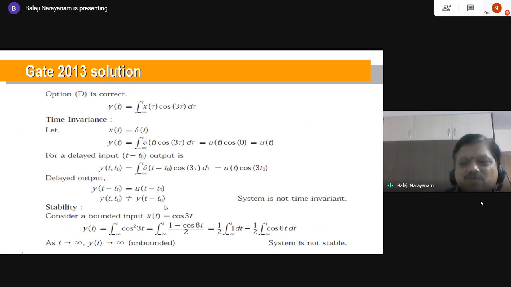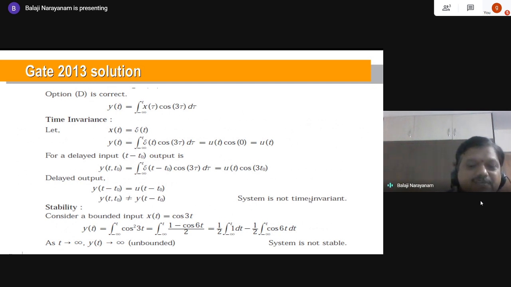So here we got u of t cos 3t naught, and the delayed output y of t minus t naught is equal to u of t minus t naught, but y of t comma t naught is not the same as y of t minus t naught, and the system is not time invariant.